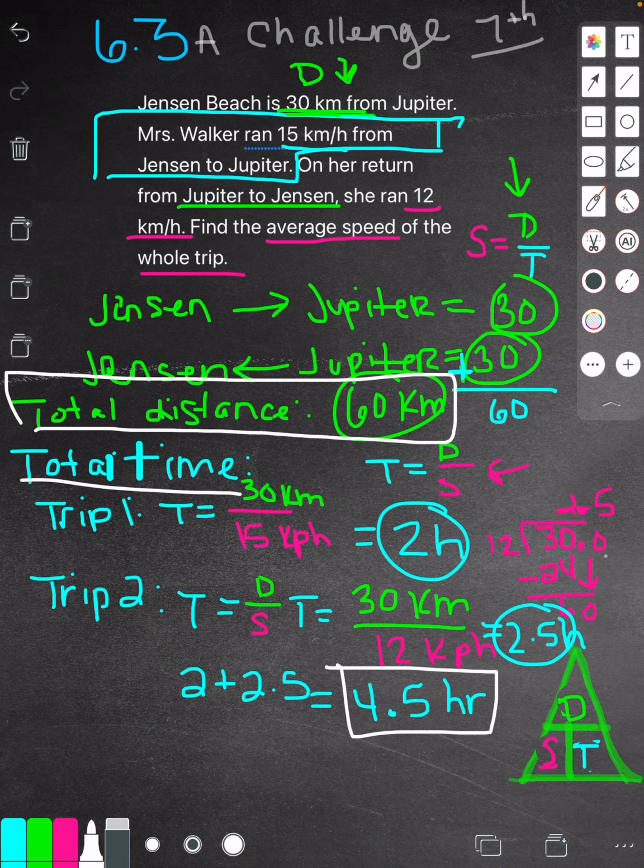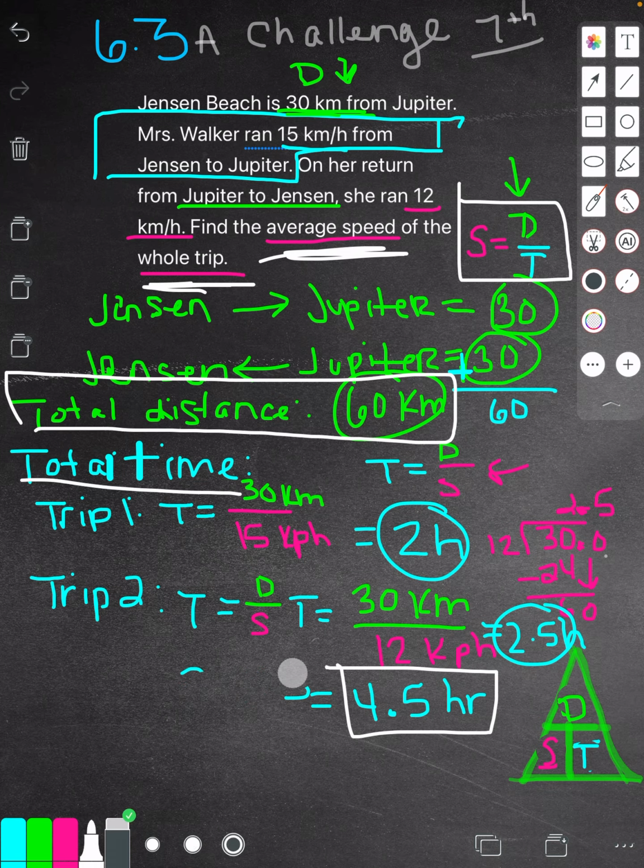Now let's go back to the distance, speed, time formula that we had. Remember, we were looking for, according to the very end of this problem, the average speed of the whole trip. We now have the total distance and we now have the total time that was taken for these problems. Wow, that was a lot of work to get that.